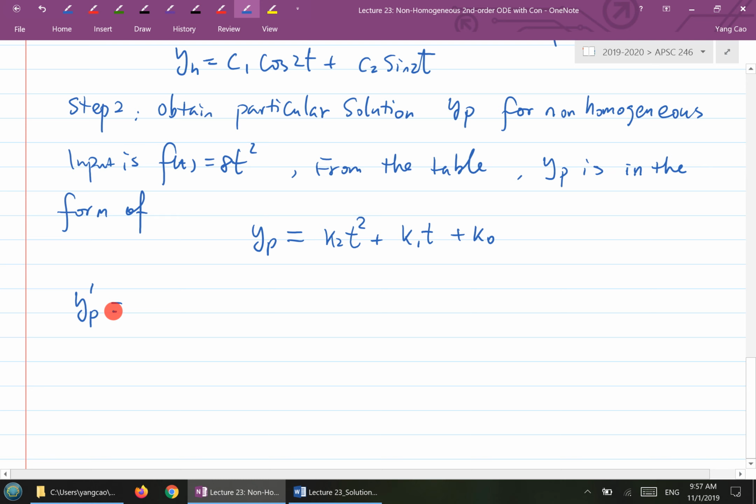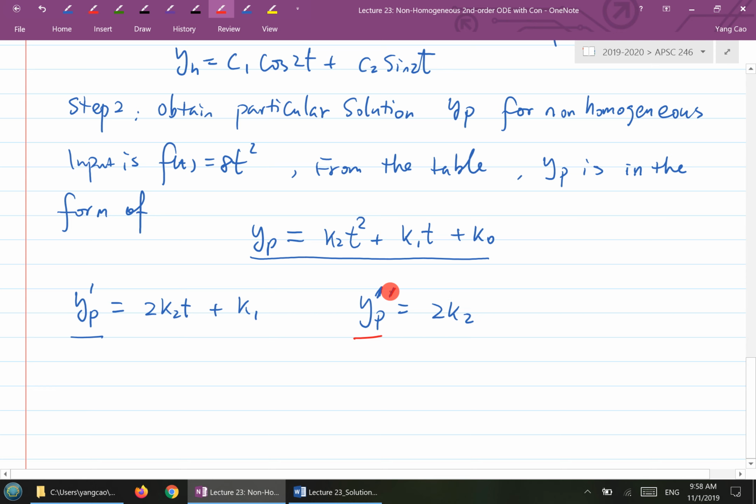First take the first order derivative of yp, so that gives us 2 k2 t plus k1. Then you take another derivative of yp, and you get 2 k2. So basically you have yp prime and then yp double prime. Okay, you got the three derivatives.